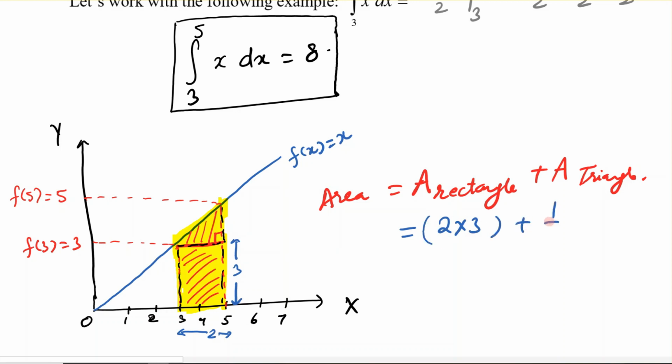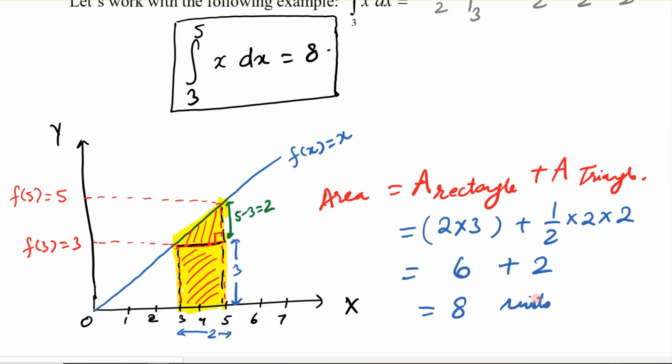Similarly, the area of the triangle would be half times base. The base is again 2 and the height is the difference between 5 and 3, so this height is 2. So times 2. What do we get? 6 plus, the 2 and 2 cancel, so plus 2. So we get 8 square units.